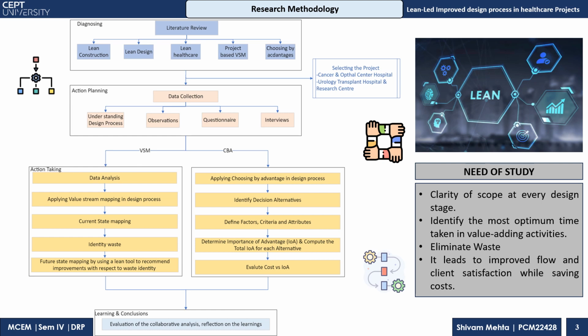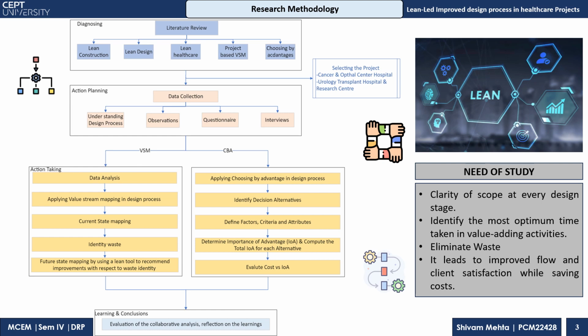There are two different paths for VSM and CBA. For VSM, it's applying value stream mapping in the design process, then the current state map, then identifying the waste, then the future state map, using a lean tool to recommend improvements with respect to the waste identified.